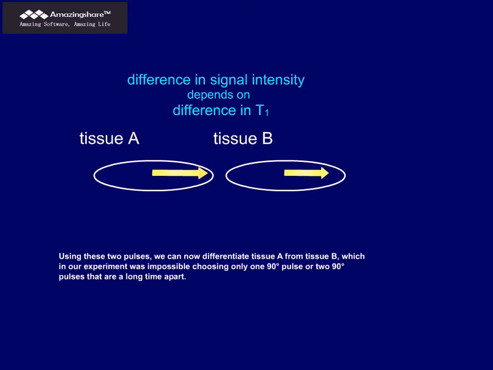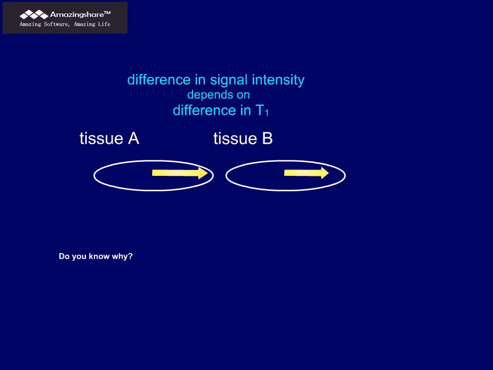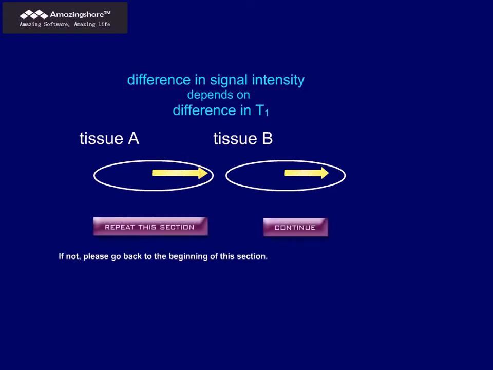Using these two pulses, we can now differentiate tissue A from tissue B, which in our experiment was impossible, choosing only one 90-degree pulse or two 90-degree pulses that are a long time apart. Do you know why? If not, please go back to the start of this section.